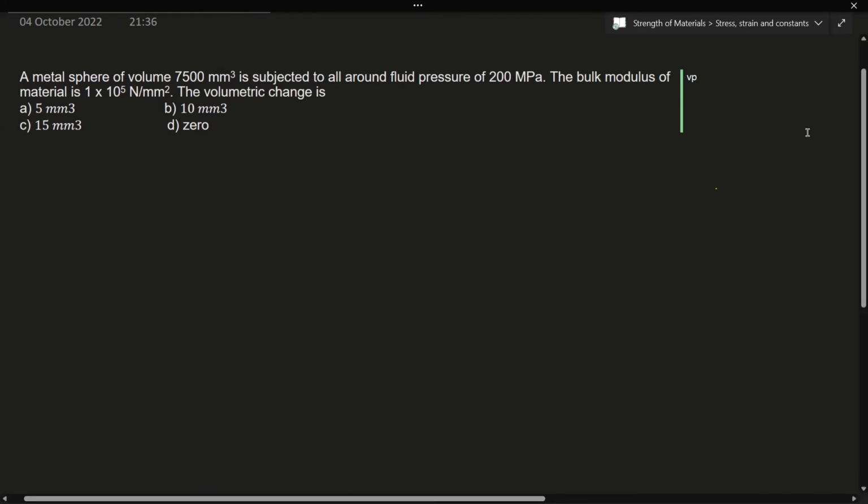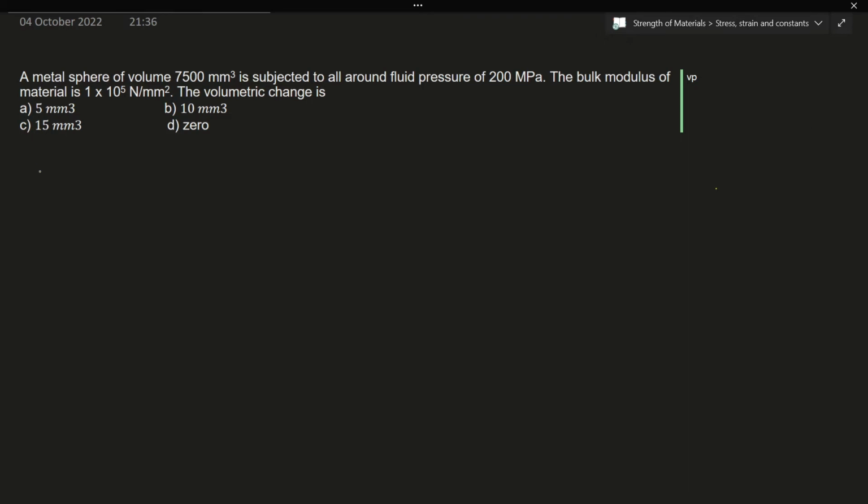Okay, a metal sphere of volume 7500 mm cube is subjected to all fluid pressure of 200 megapascal. So sigma x is equal to sigma y is equal to sigma z is equal to 200 into 10 to the power of 6 pascal.